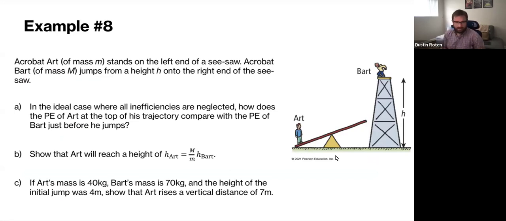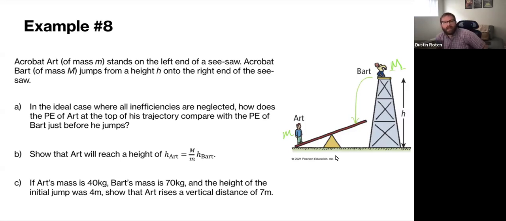Acrobat Art, who has a mass of M, stands on the left end of a seesaw, and acrobat Bart, who has a mass of big M, jumps from a height h onto the right end of the seesaw. Okay?